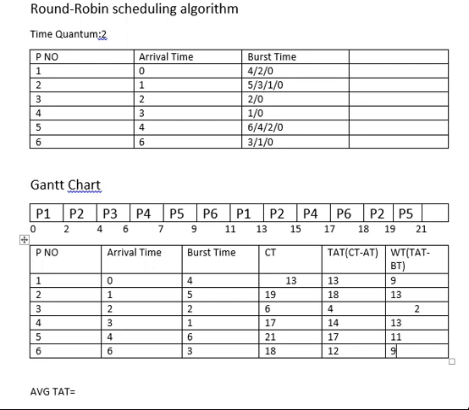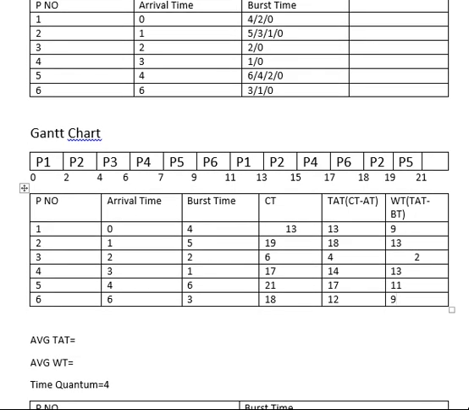So by now everyone knows how to calculate the average turnaround time and average waiting time. So you have to just sum this up. 13 plus 18 plus 4 plus 14 plus 17 plus 12, everything divided by, we should be doing 6 because there are 6 processes.